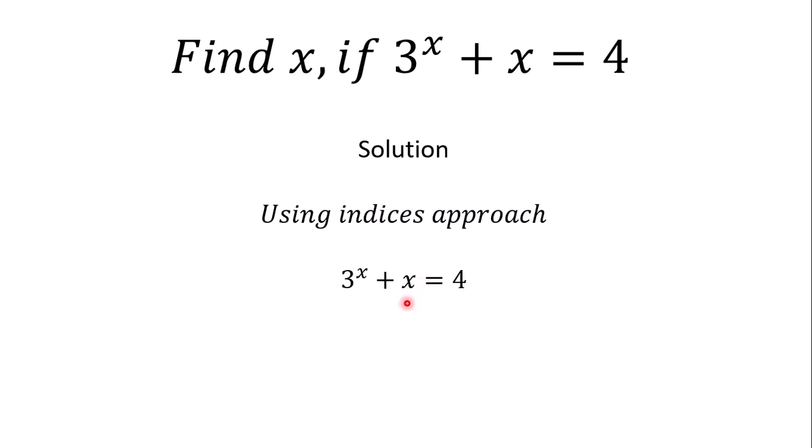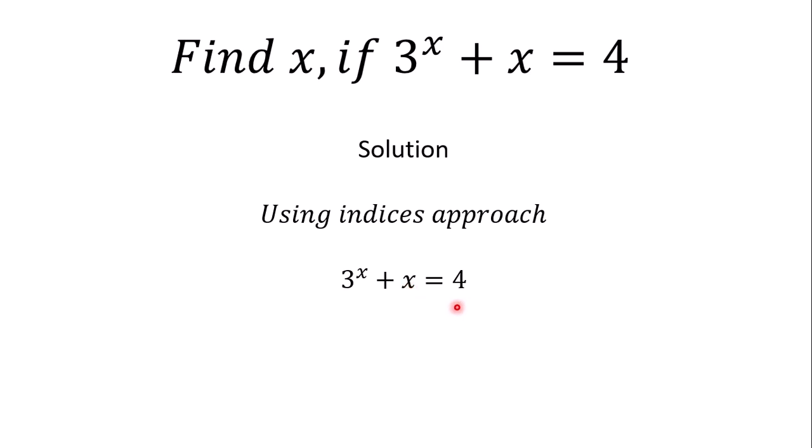Since we are using the indices approach, we are just going to rewrite this 4. We will write it to look like this expression here, 3 raised to the power x plus x. It can be 3 raised to the power y plus maybe another variable.